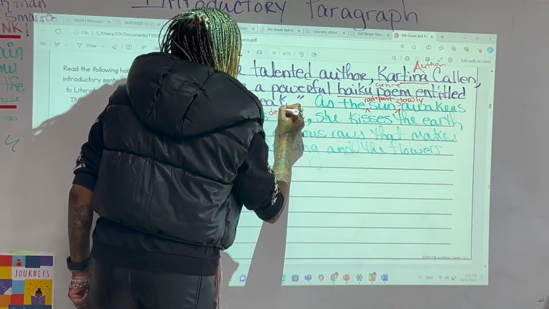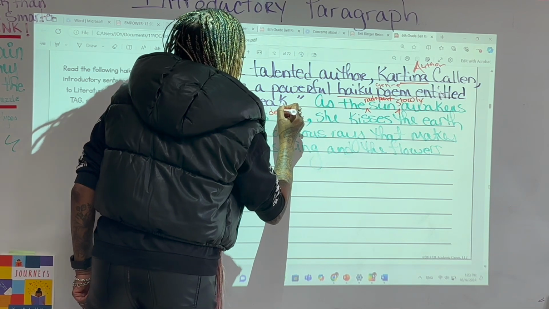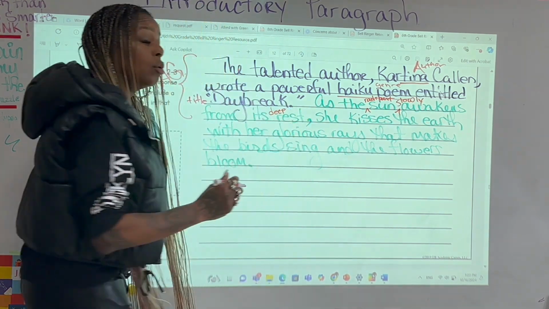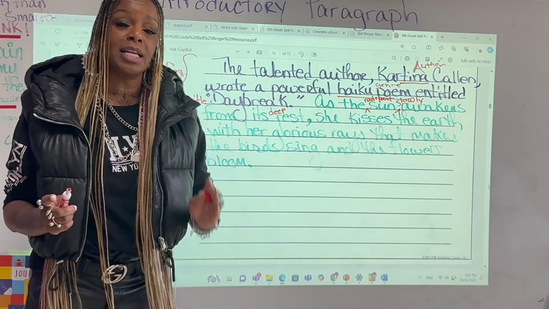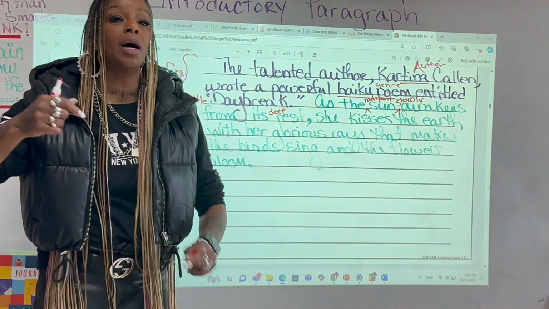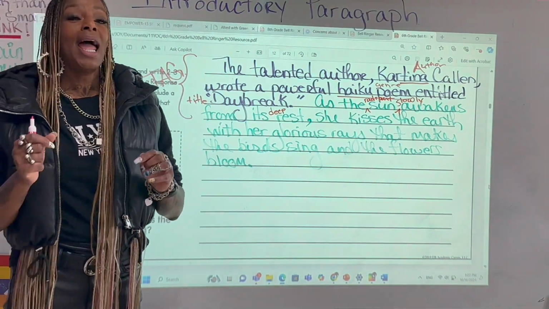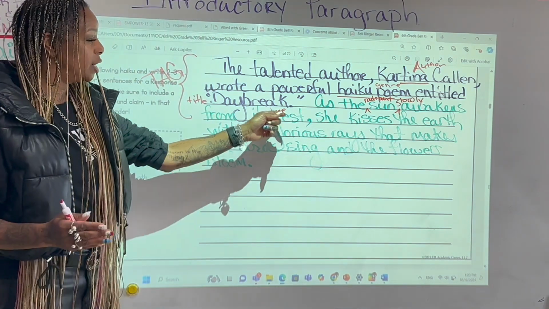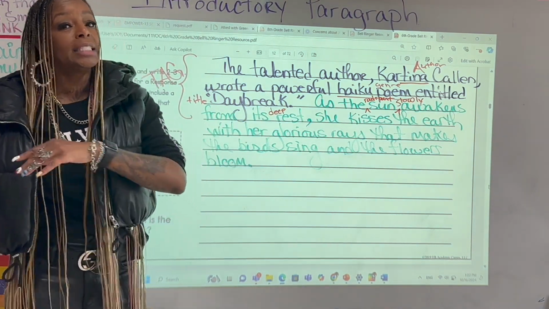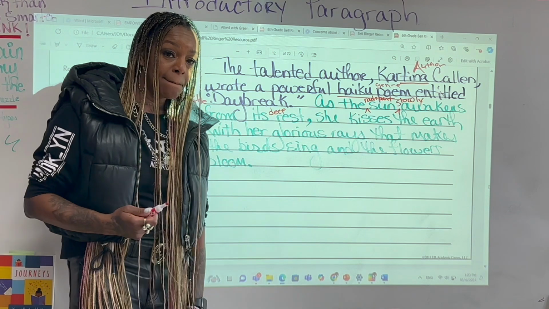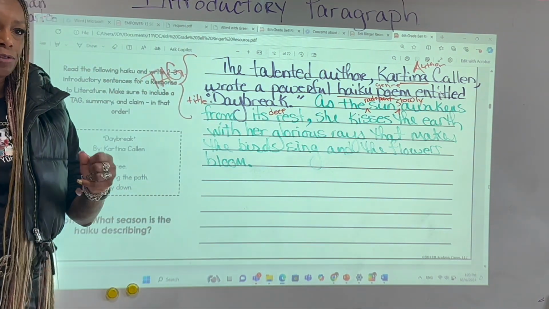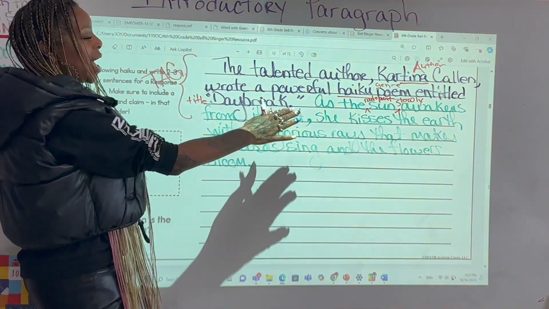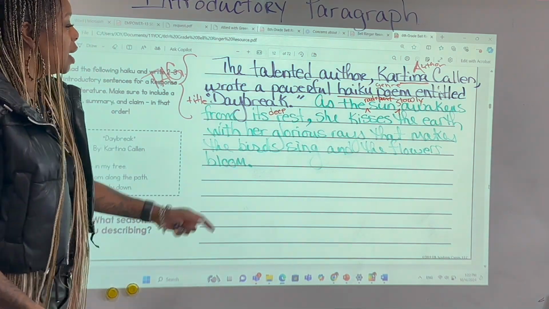What if you wrote long, deep rest? You can do that. So if I'm going to do long, deep rest, I have to do long, comma, deep. If you can add and in between the two words, long and deep, you must have a comma. So it needs to make sense. If you can say long and deep, you have to have a comma to separate the two adjectives.